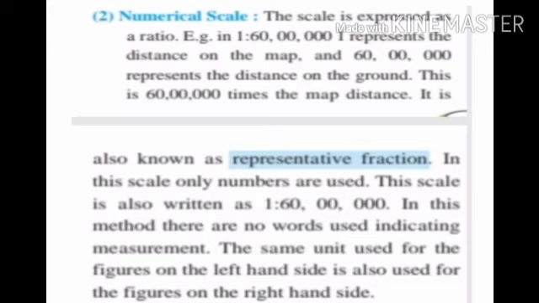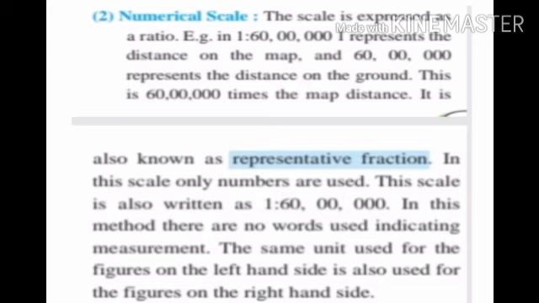What this shows, if anything is drawn in the unit of 1 on the map, actually that thing will be 60 lakh times on the ground.